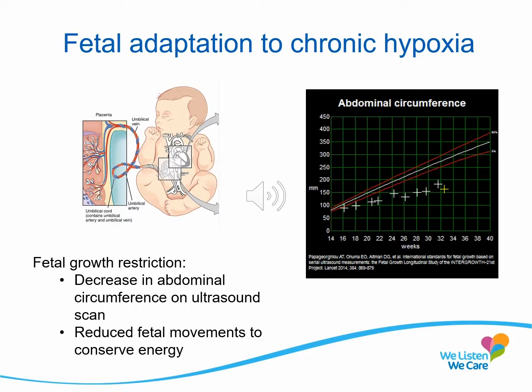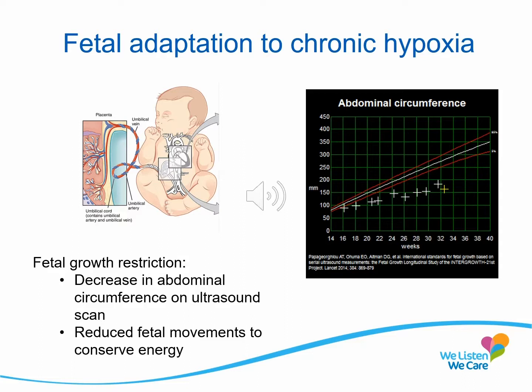So in order to understand the antenatal CTG, it is also important to understand the fetal adaptation to chronic hypoxia, because it is this that will be reflected in the changes on an antenatal CTG. In fetal growth restriction, the fetus tries to prioritize the blood flow to the fetal brain, heart, and adrenals, and in the initial compensatory phase, the fetal abdominal circumference is reduced on ultrasound scan.